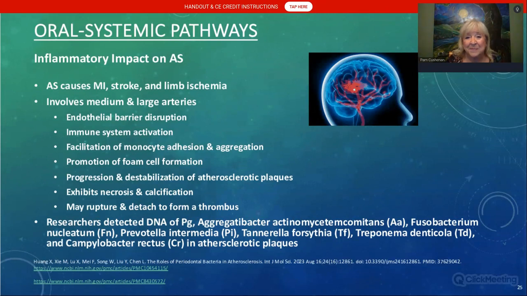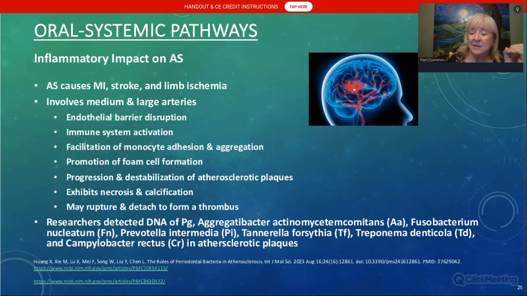How does this happen? Well, the endothelial barrier is disrupted. So there's this bacterial onslaught that causes this barrier to be disrupted. There's going to be monocyte adhesion and aggregation, promotion of foam cell formation.